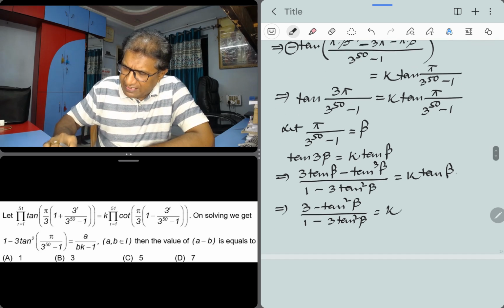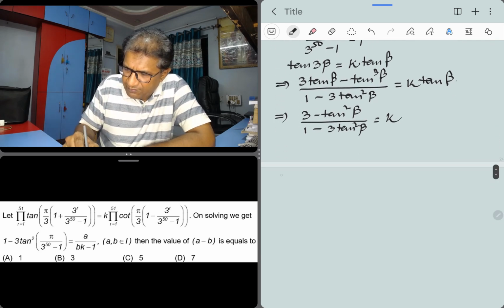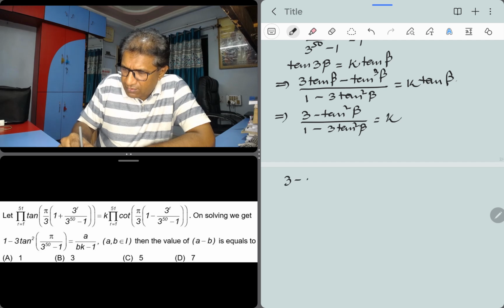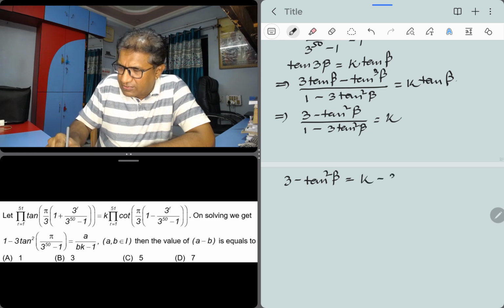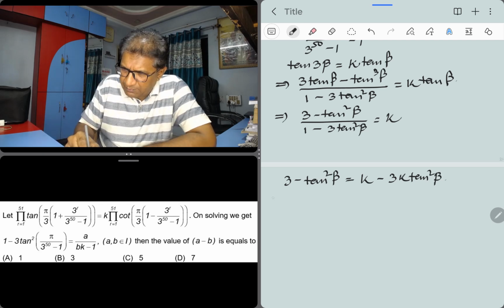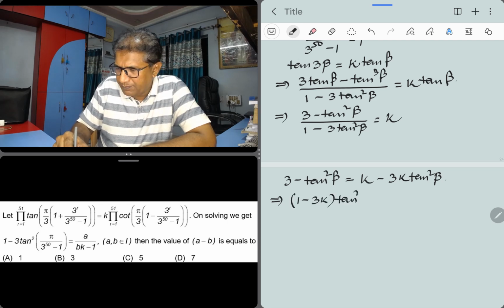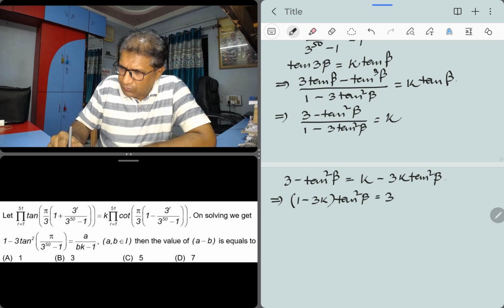Now, if I cross multiply, we are going to have 3 minus tan square beta equals k minus 3k tan square beta. Isn't it so? So we are getting 1 minus 3k tan square beta is 3 minus k.